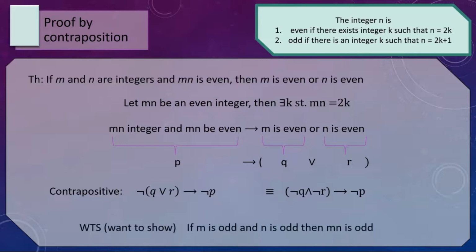So what I want to show in this case, to complete my proof, is if m is odd, that's the not q, and if not r, that's n is odd, then mn is odd. And this, as we're going to see, is actually a lot easier to show. So even though it's a little more convoluted path to get there, the contraposition is going to be an easier proof.